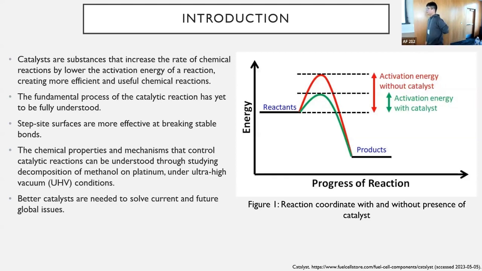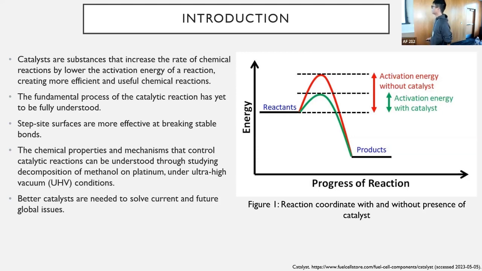As we all know, catalysts are very important substances because they are used to increase the rate of a reaction without undergoing any permanent change. They do that by lowering the activation energy, which helps create a more efficient and useful chemical reaction.